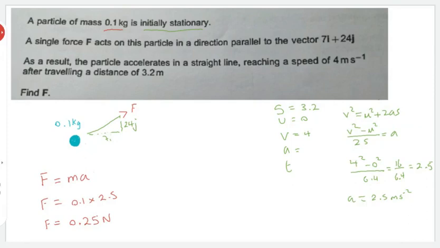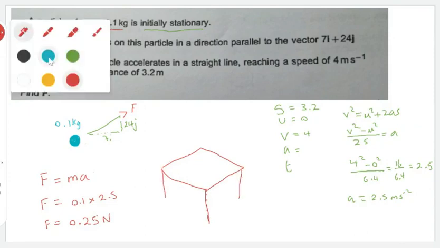Wait, can you repeat that again, please? So basically, let's just imagine this is on a table of some kind.